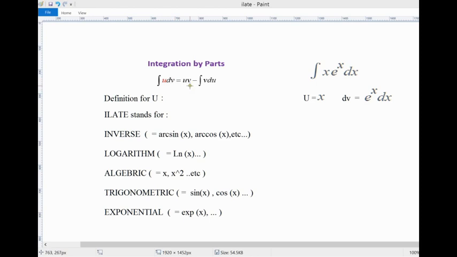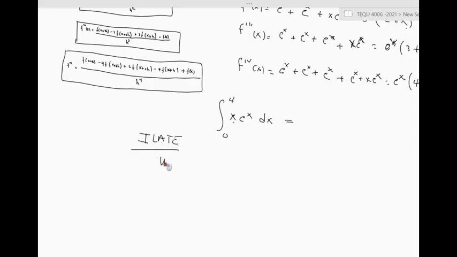And it clearly says that if you know u, you need to multiply that by v, which will be the integration of this part, and then you end up with this final integration, and that's it. I hope you understand what this mnemonic really means. So for the definition of u, you use x here. That means that dv will be the other stuff, e^x dx.